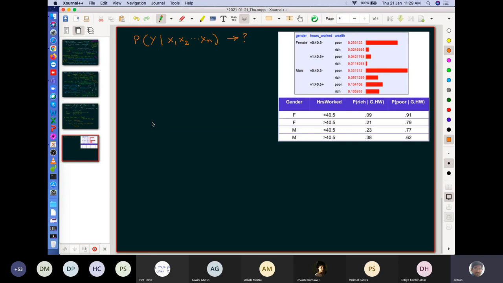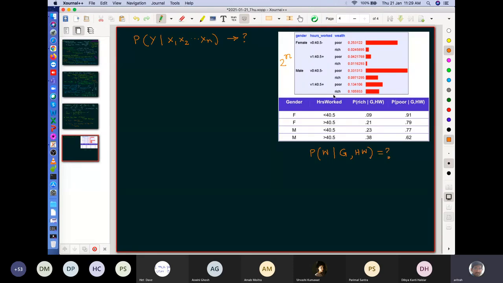If you have a joint distribution table, it's pretty bad because you need 2 to the power n rows if there are n attributes. For example, here what we are trying to learn is the probability of wealth given the gender and the hours of working.